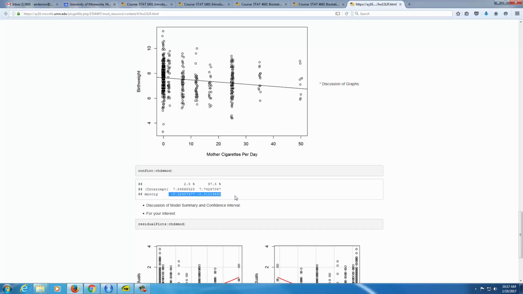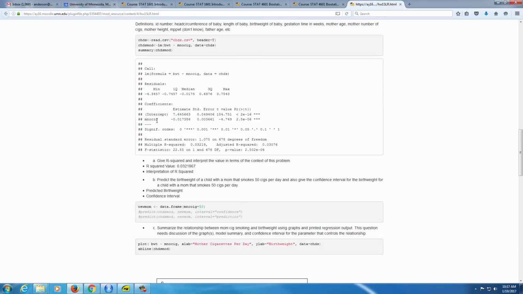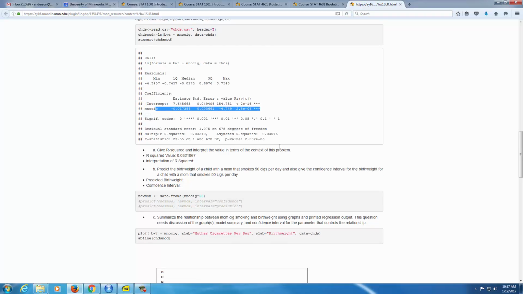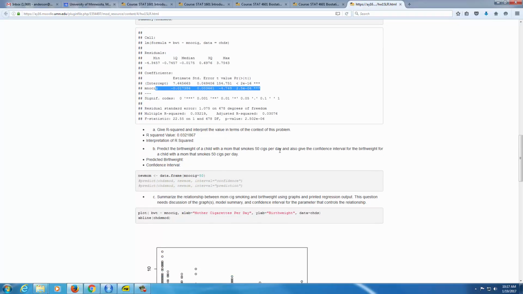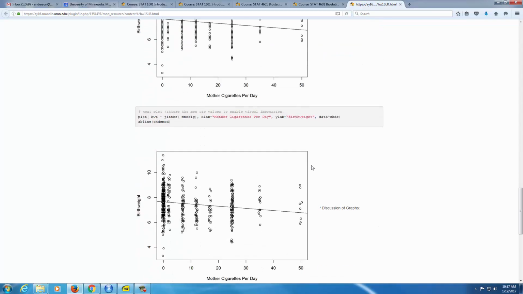What does that mean about the relationship? And maybe from this output, talk about the significance of the cigarette effect as well. So use the model summary for that significance and the direction of the relationship coefficient, and talk about the confidence interval and what it says about the relationship.